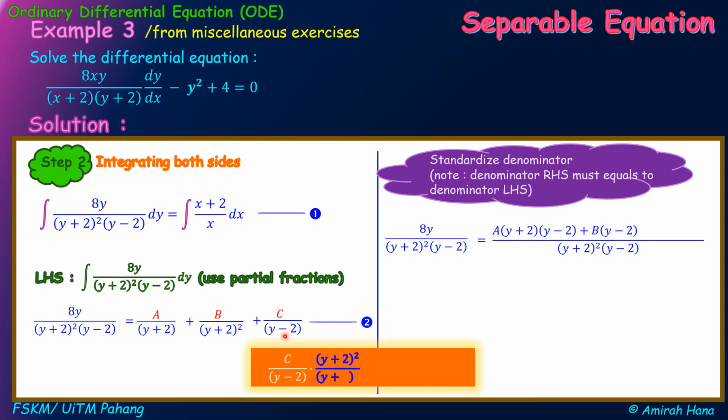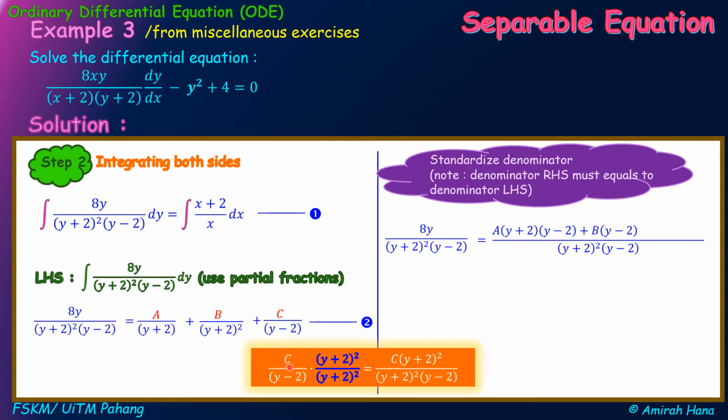And then to standardize denominator C into the form of (y plus 2) squared times (y minus 2), we need to multiply numerator and denominator by (y plus 2) squared. Okay, so that when we simplify the denominator here, we get back (y plus 2) squared times (y minus 2).